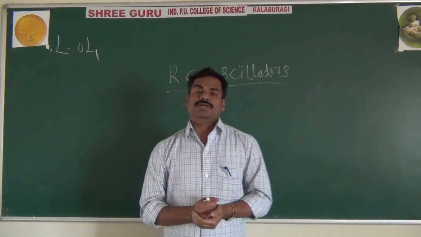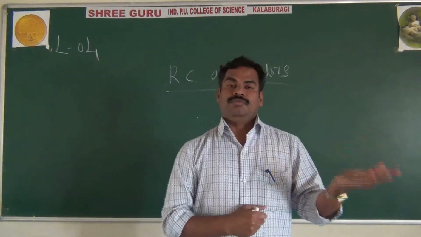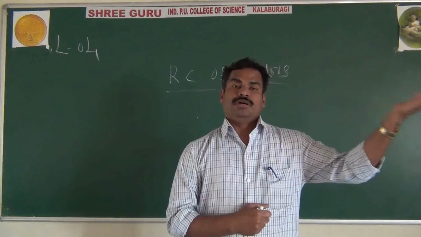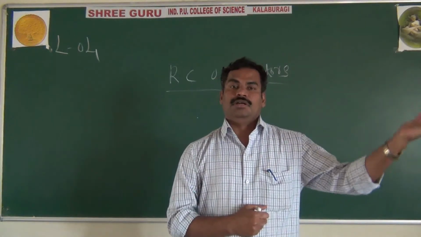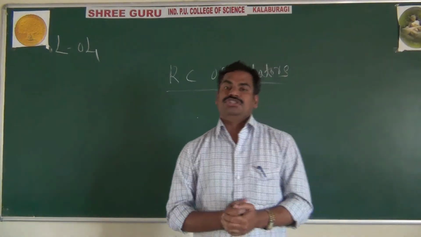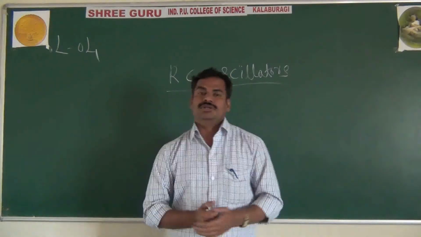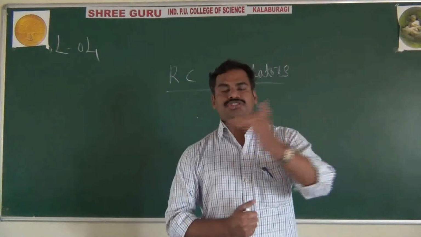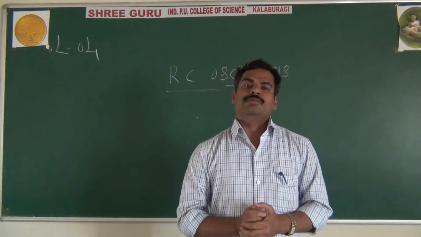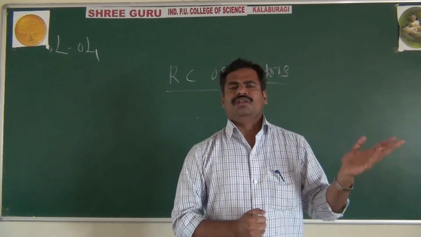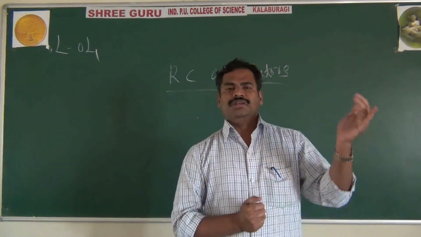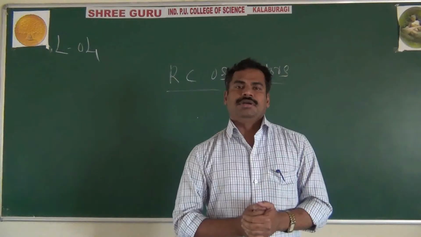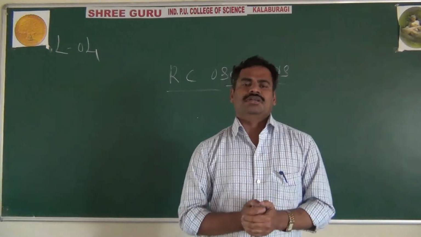By taking proper values of L and C, we get A beta equal to 1. That much was studied in the last class.